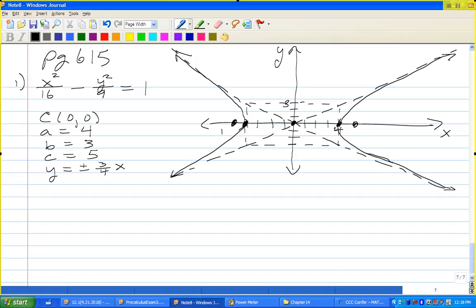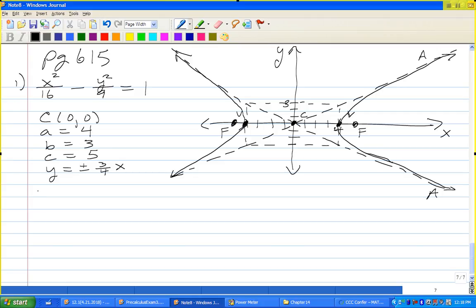So here are your foci, your vertices, and your center. And here are your asymptotes. So here's your center.